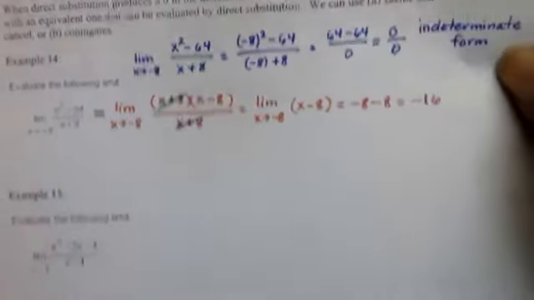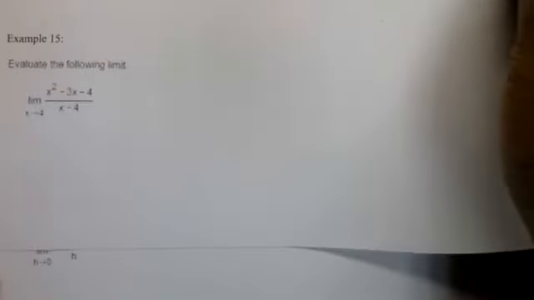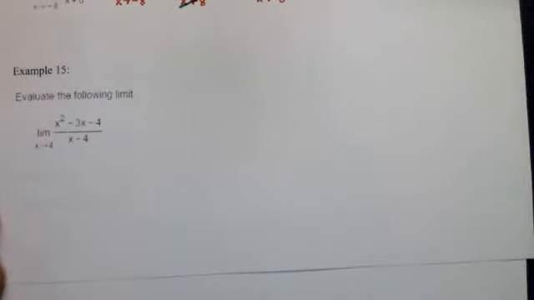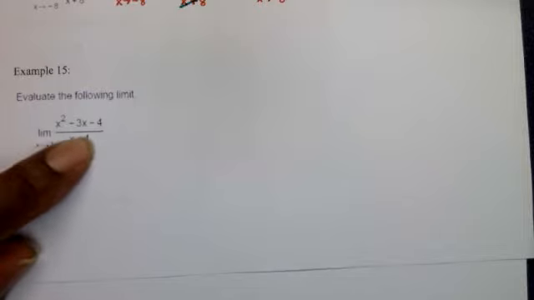Here's another example. Say we got the limit as x approaches 4 of x squared minus 3x minus 4 divided by x minus 4. Well, if I try to do direct substitution, I know I'm going to get a 0 in that denominator, because 4 minus 4 does give me 0.